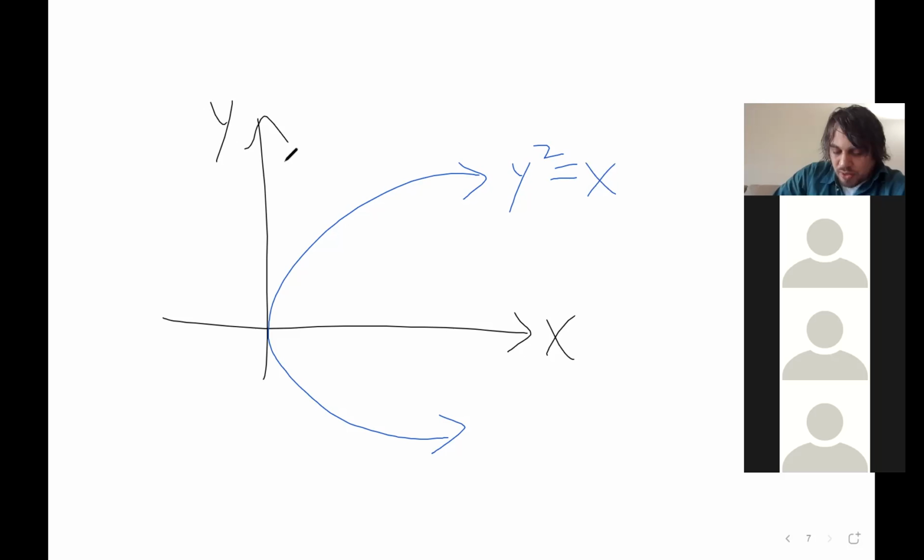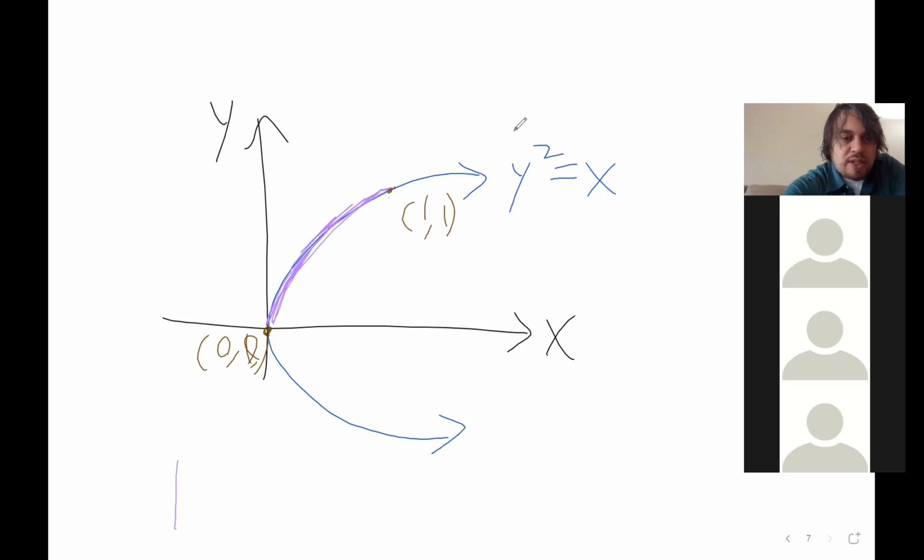And so we want the length of the arc of the parabola from 0, 0 to 1, 1. So this is the point 0, 0. And this is the point 1, 1. And so we want the length of the arc on the curve between those 2 points. So we want the length of this arc. See that? Okay. And so the length of that arc is going to be given to us by the arc length formula.